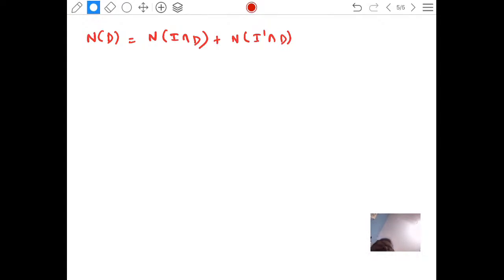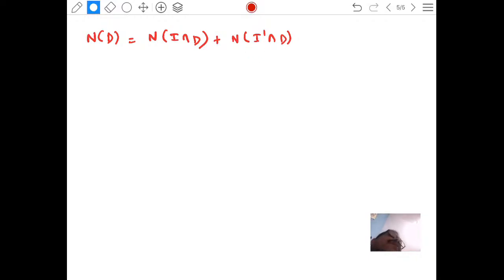That makes sense, because here you have to show the number of machine parts which are defective. So it contains these two values, where we have d. n of I intersection d contains the machine parts which are defective, though they might be improperly assembled, but anyway the machine parts are defective.